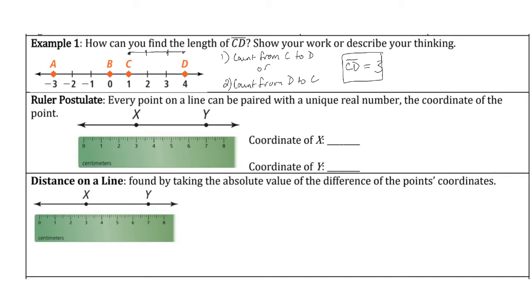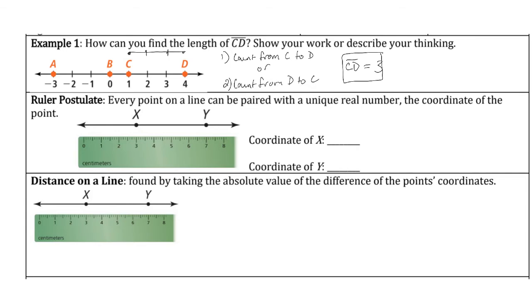Pretty easy. Now, there might be some harder numbers to work with, so another method that we use is the distance on a line, and we use absolute values to find the distance. First, let's go over the ruler postulate.